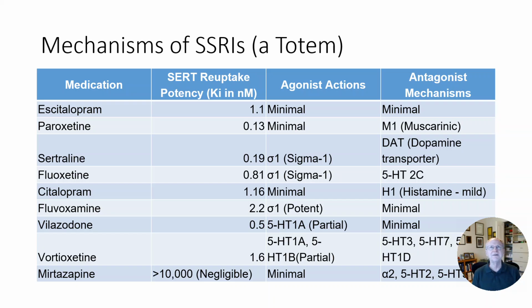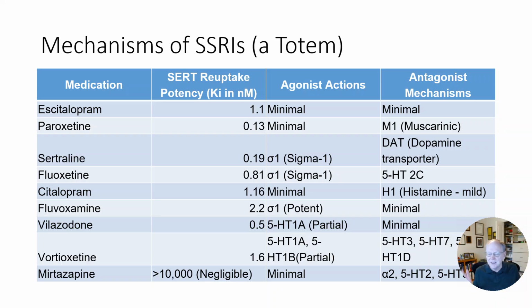Now, if we say, well, I think this particular patient really needs alpha-2 antagonist mechanism, so I want to give them Remeron, or I need a sigma-1 potent agonist action, so let me do Luvox. I'll bet you didn't know Luvox was a potent sigma-1 agonist, but it is.